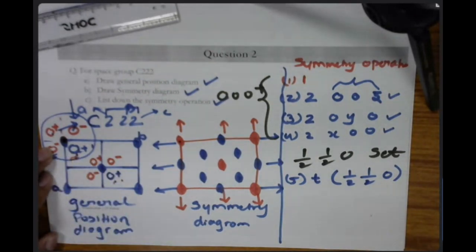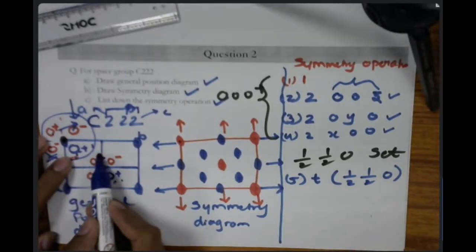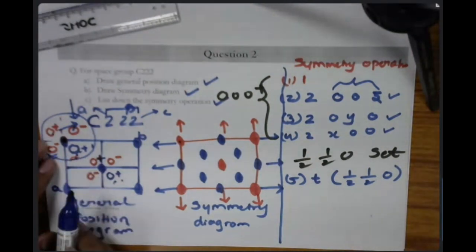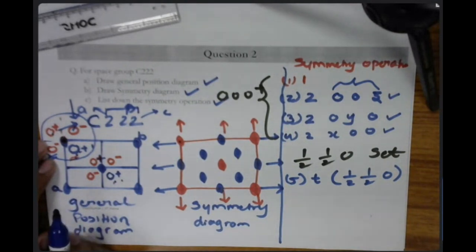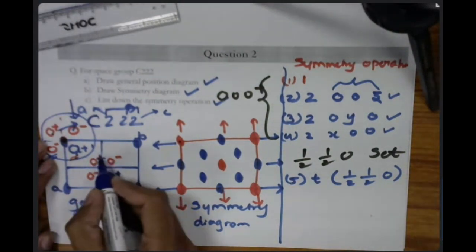Now think about this particular point. How can one obtain this red plus point? Instead of that, first let's go with this particular point.